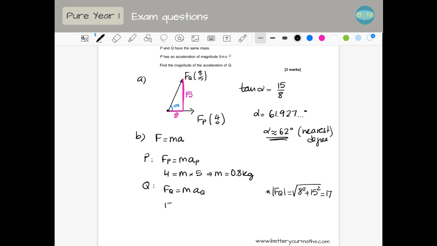So I'm going to write that 17 is the mass, 0.8, times the acceleration of Q. So the acceleration of Q is 17 divided by 0.8, which is 21.25 meters per second squared. And that's all with this question.